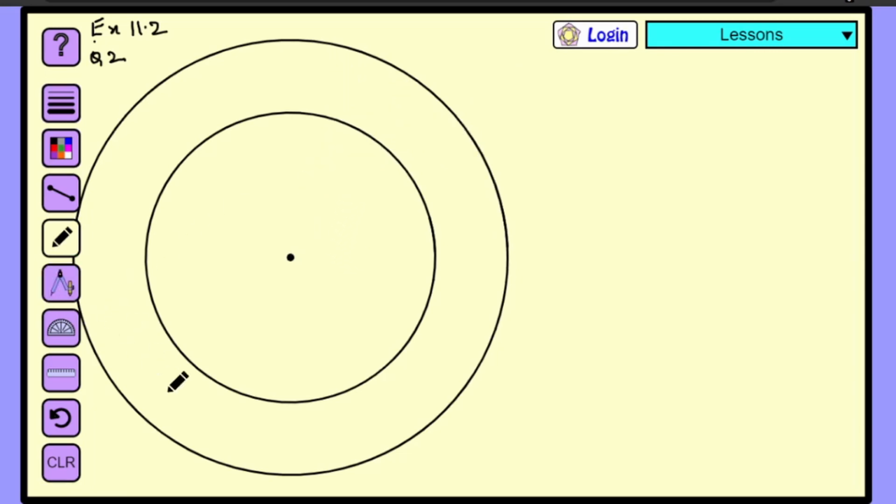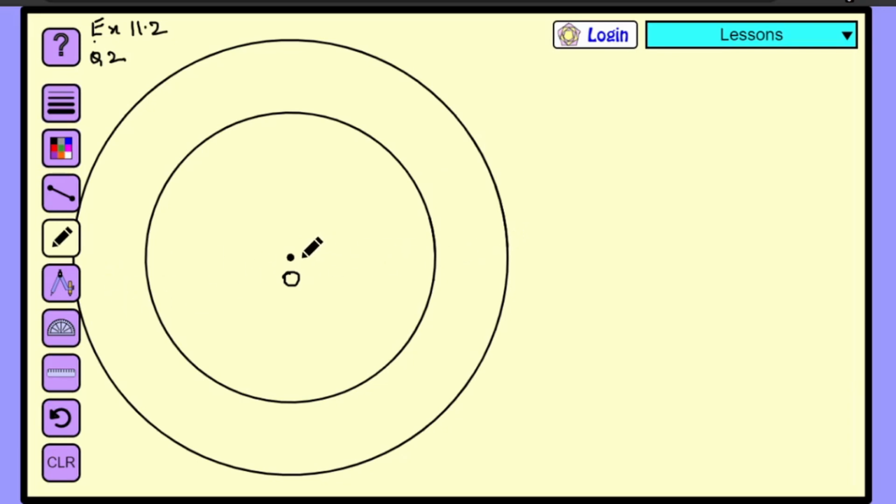Now we have to construct two tangents from a point which is lying on the outer circle. Name the center as O. On the outer circle, I have to take one more point.